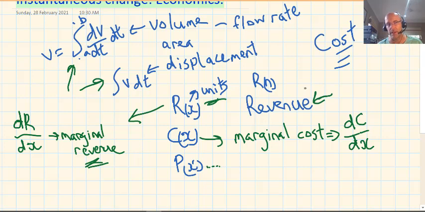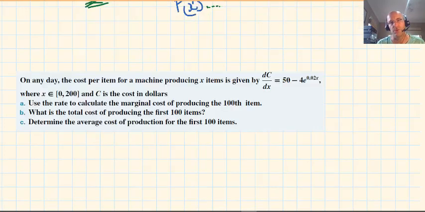Okay, that extra unit, what would it provide? Okay, so there's that link to instantaneous rate of change you should be familiar with, because you've studied the derivative before. So now the rest of the video will focus on the use of integration to go from the marginal cost or the marginal revenue to the total cost of producing a certain number of items.